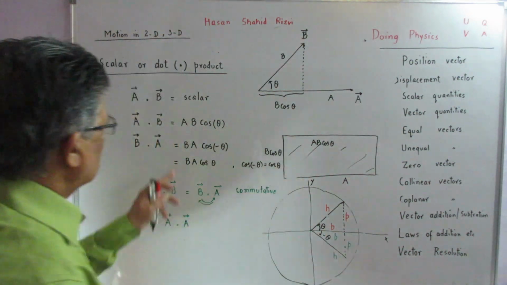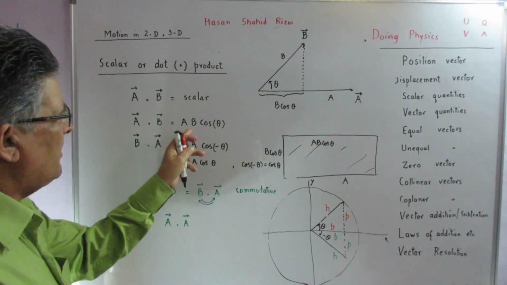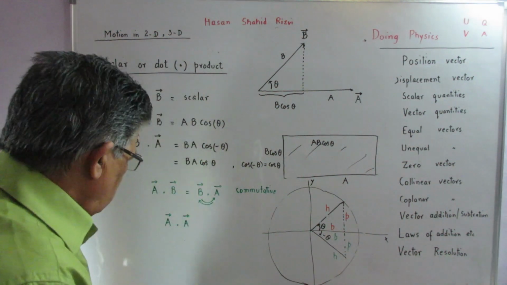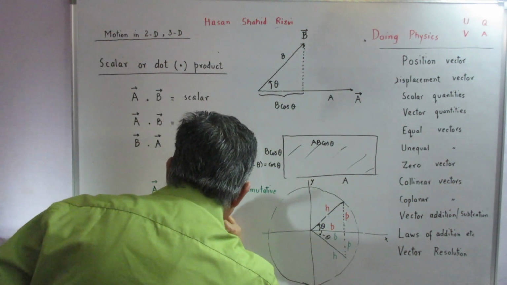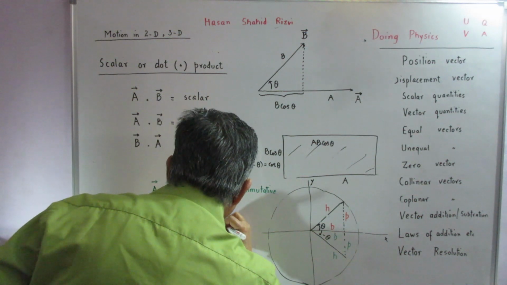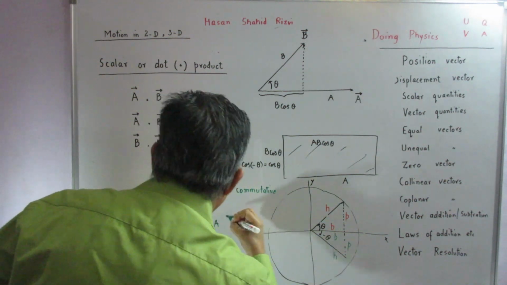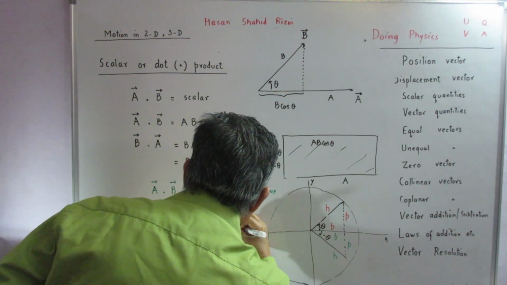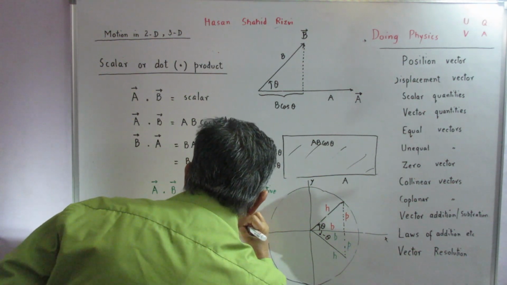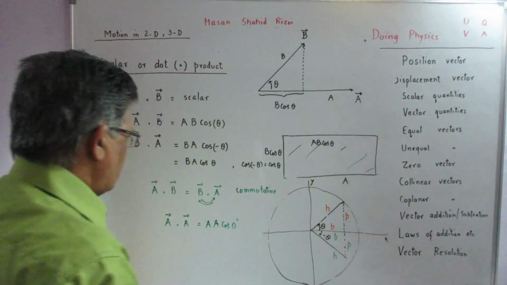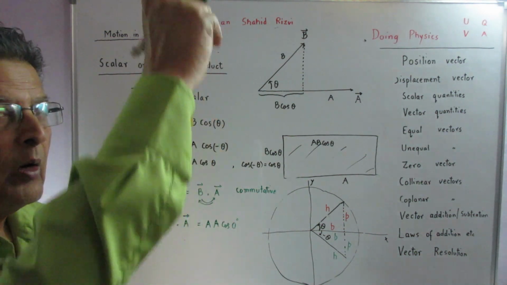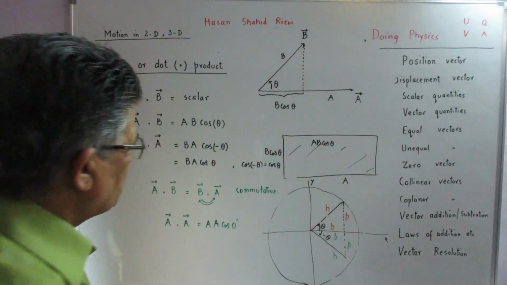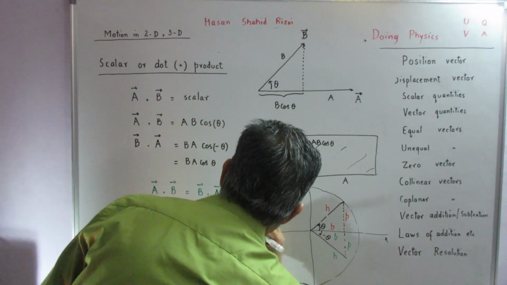So what will happen from this definition? A, B cos of theta will become equal to magnitude A into magnitude A into cos of 0, degree or radian or whatever you want to say. And cos of 0 is equal to 1, and therefore this turns out to be equal to A square.